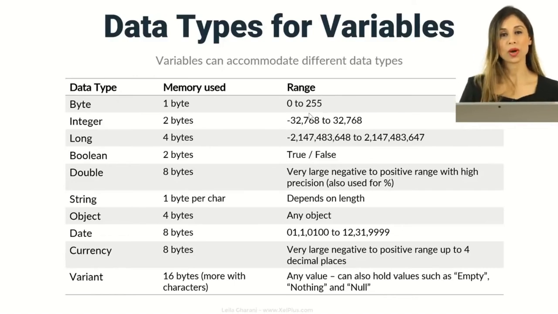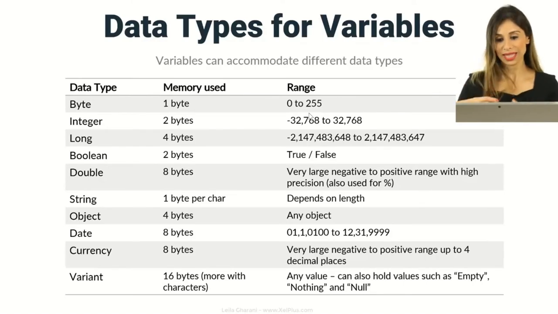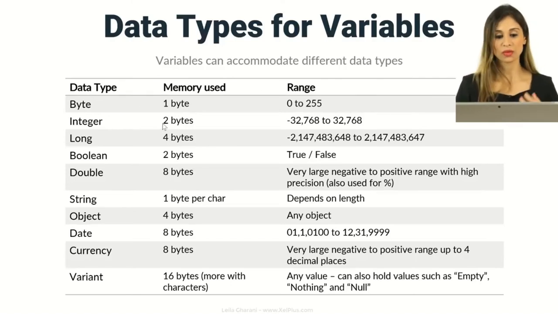You're going to run into a problem, and that problem is going to be a VBA error because it can't handle that data type. It can't put in that 300, or it can't put in any number above 255 in this variable. So instead of using byte in this case, you could use integer, which also takes up a lot less space, just 2 bytes compared to the 16 bytes for variant.